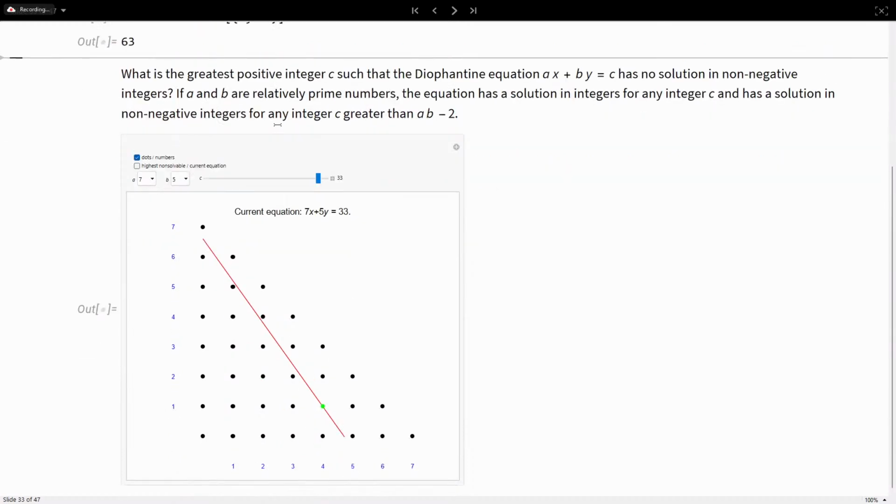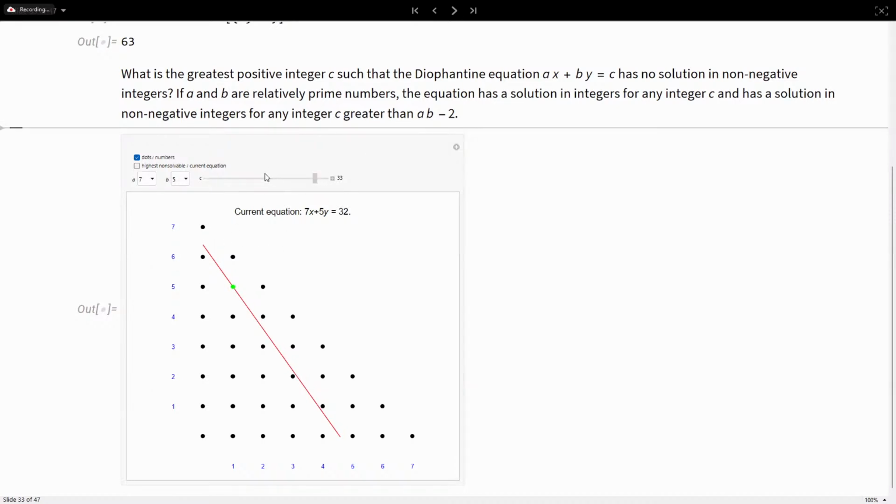And we have a little bit of a setup here. If you have, say, 7x plus 5y, we can represent numbers in a grid, and as we move the line, we get different values.